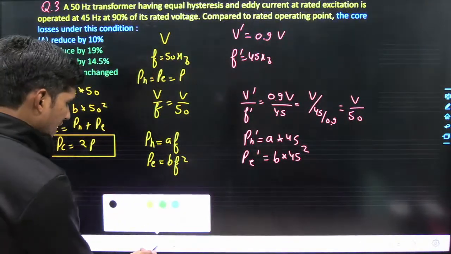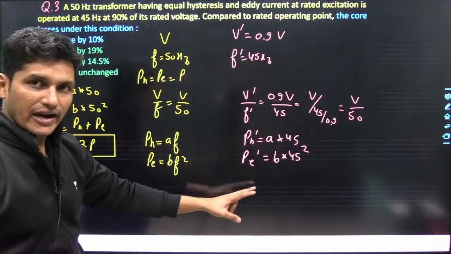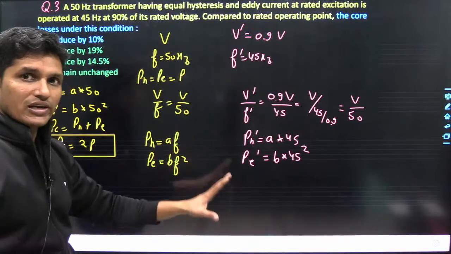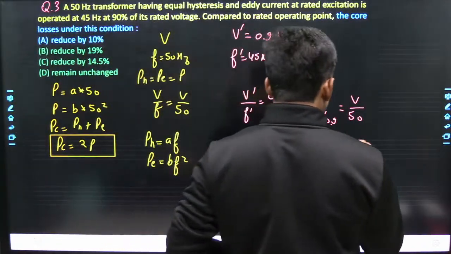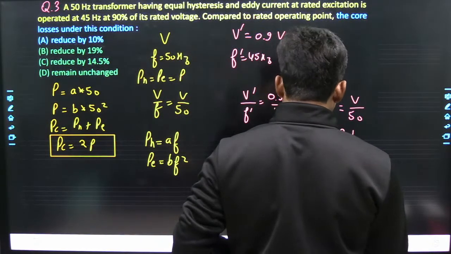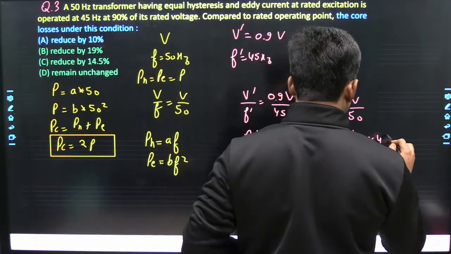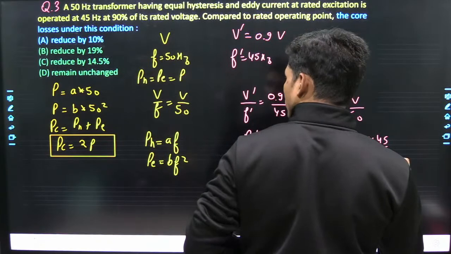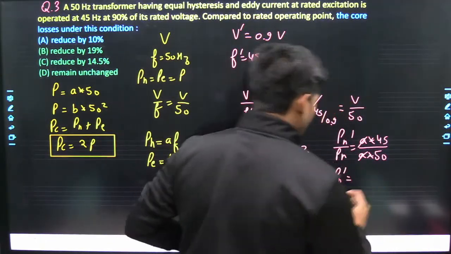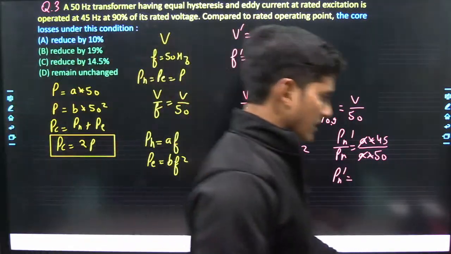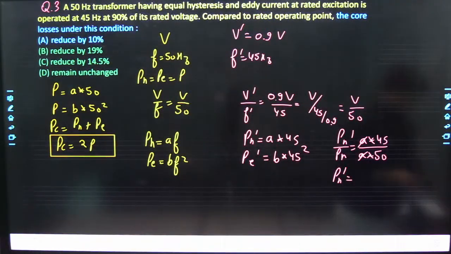For that we have to compare the hysteresis loss and eddy current losses individually with those of the rated condition. PH dash upon PH equals A into 45 upon A into 50. So PH dash equals 45 by 50, that is 0.9.